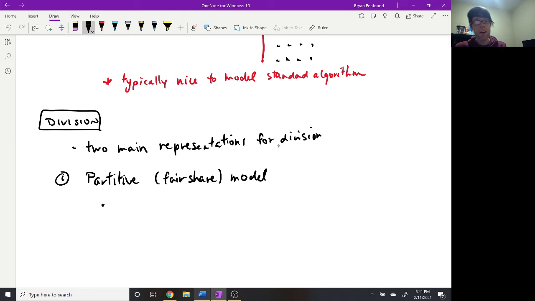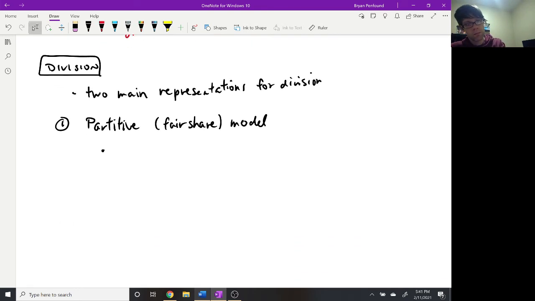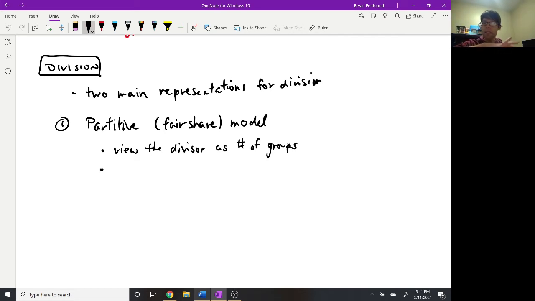Now, in the fair share model, we view the divisor as the number of groups. And then we can fair share the dividend into these groups, and our final answer should be the number of objects that land in each one of these groups.